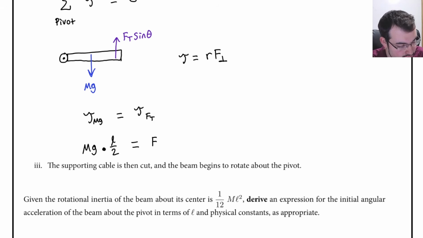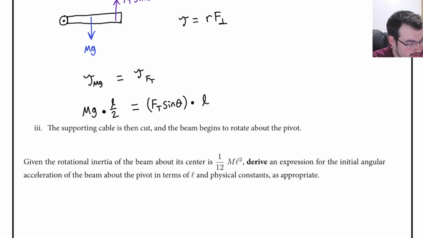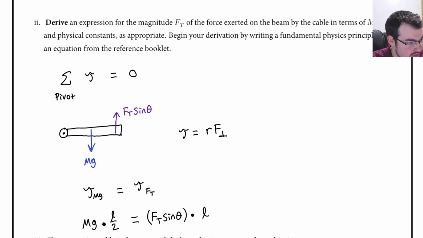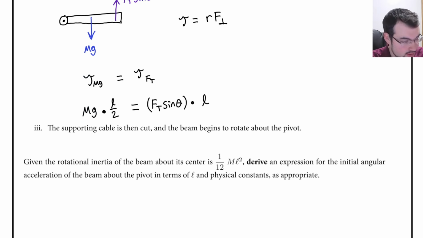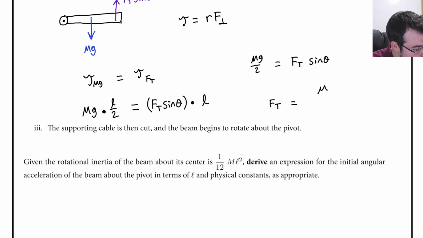And the tension force, it's F_T sine theta that's helping us rotate, and that's located a full distance L along the beam. So now it just becomes a matter of simplification. Notice I didn't say L was given because it cancels. So goodbye to L. So we just get mg over 2 equals F_T sine theta. So F_T is equal to mg over 2 sine theta.